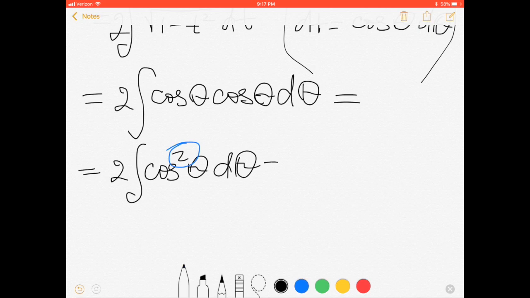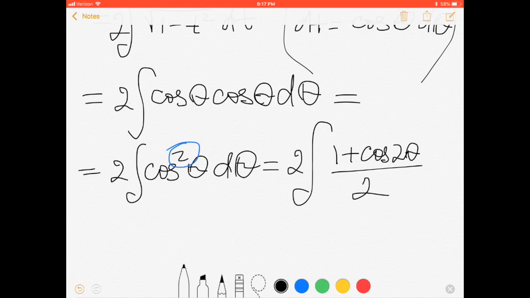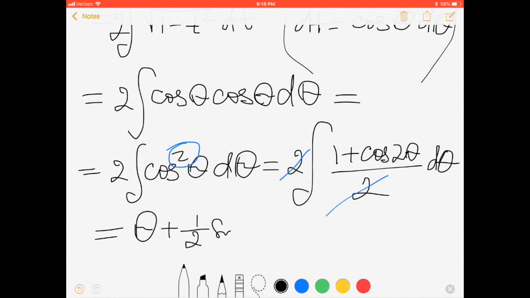Use the trigonometric identity: 1 plus cosine 2 theta over 2 d theta. I think this 2 and this 2 we can cancel. Now we can rewrite: 1 gives us theta, cosine 2 theta gives us 1/2 sine 2 theta, plus c.